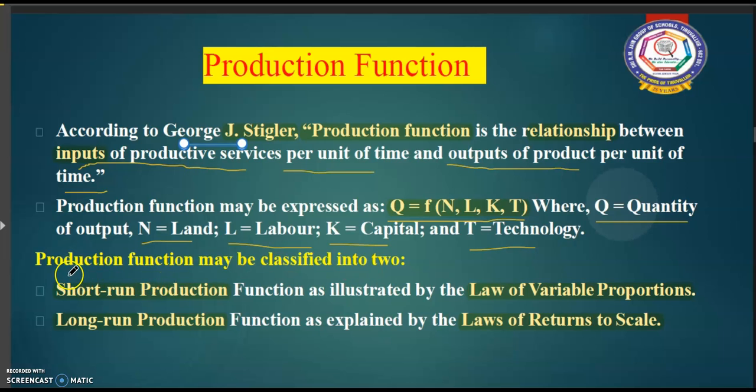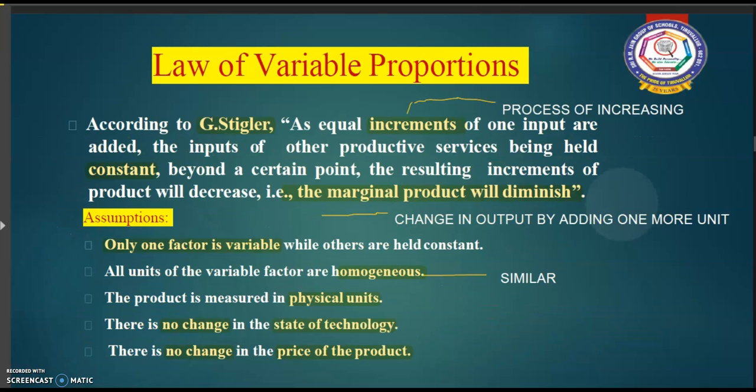Now this production function may be classified into two, that is short run production function and long run production function. Short run production function we are going to learn through the law of variable proportions, and long run production function through the law of returns to scale.